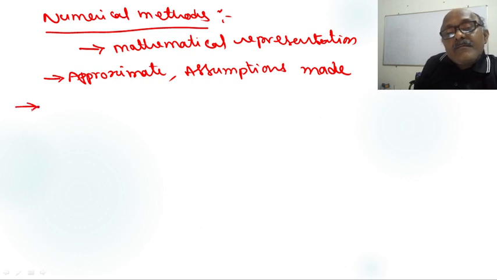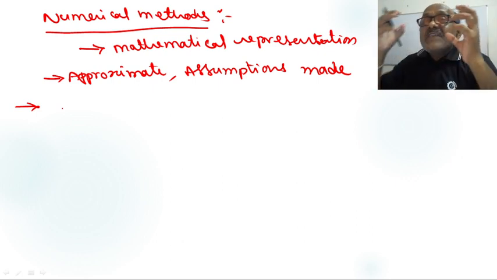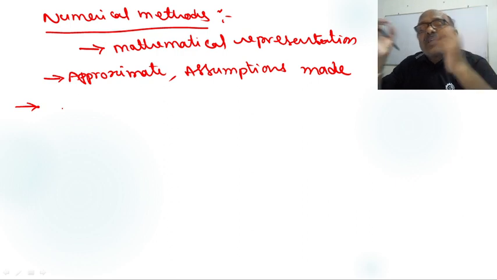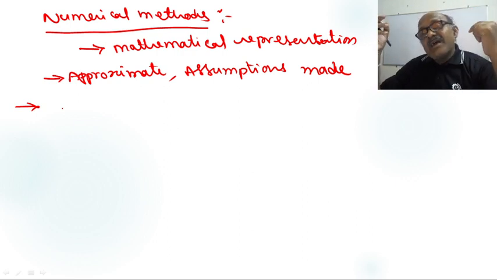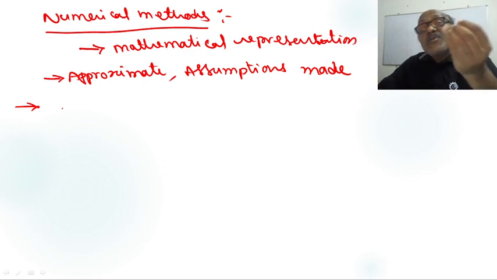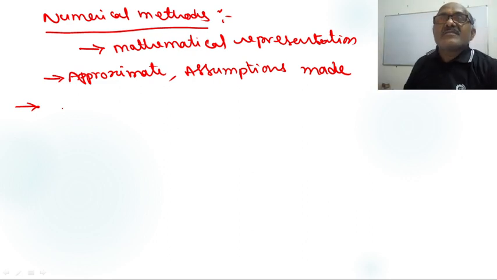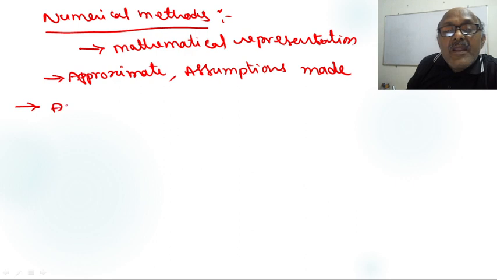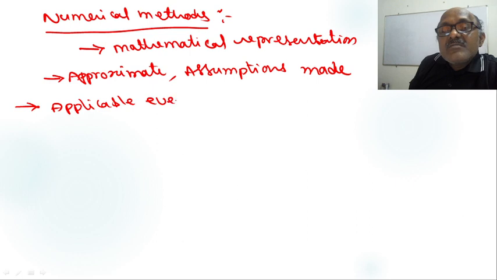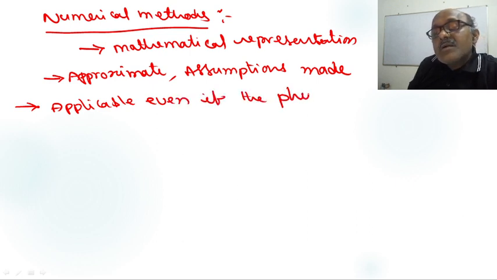Next one. These numerical methods are applicable even if a physical prototype is not available. But in the case of the experimental method, a physical prototype is a must. Here, if the physical prototype is not available, in that situation we apply these numerical methods, my dear students.